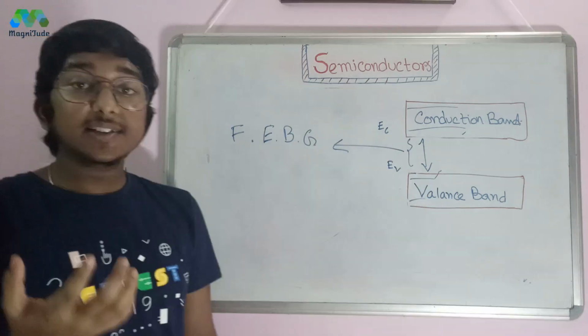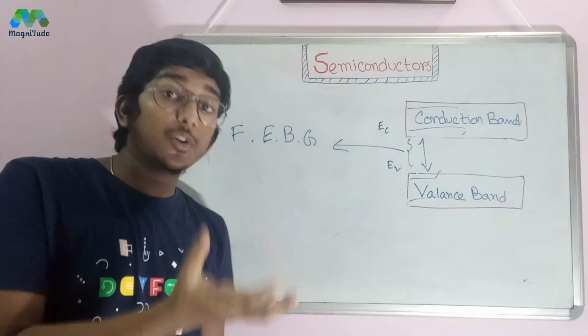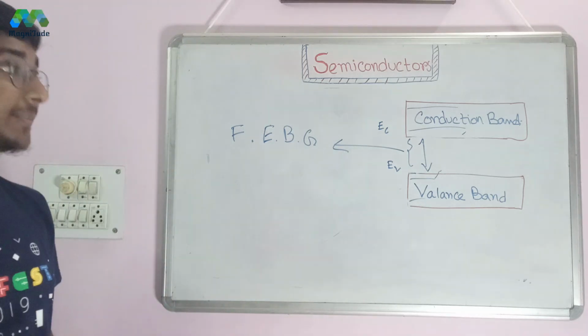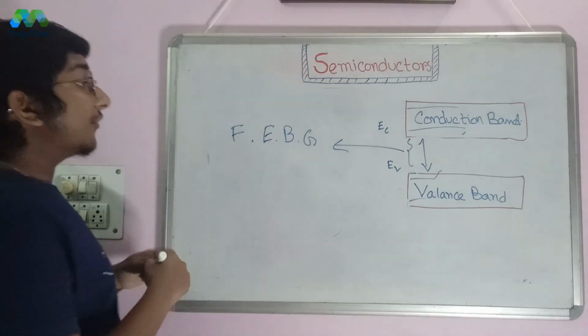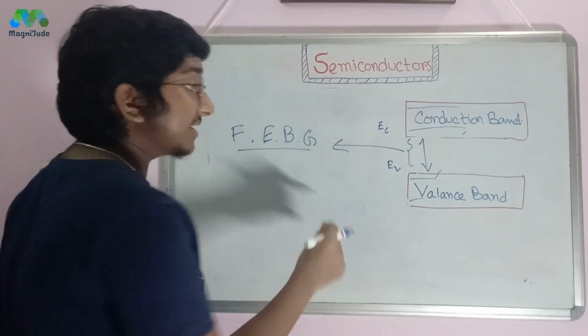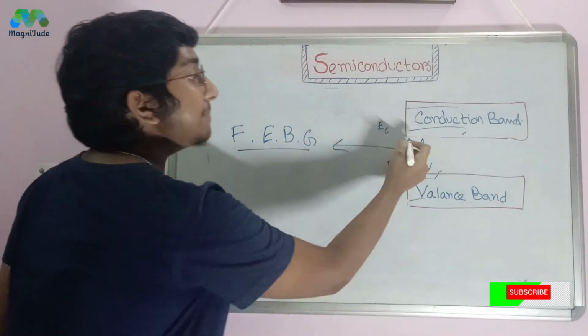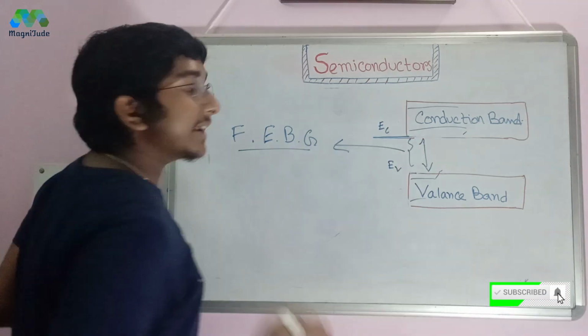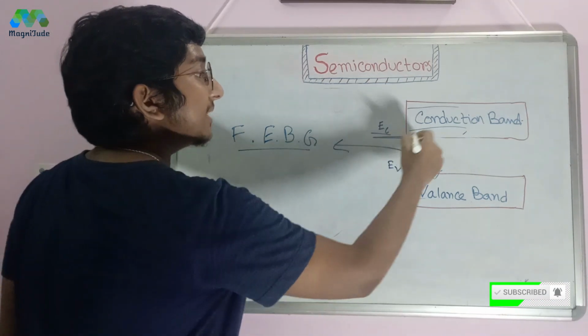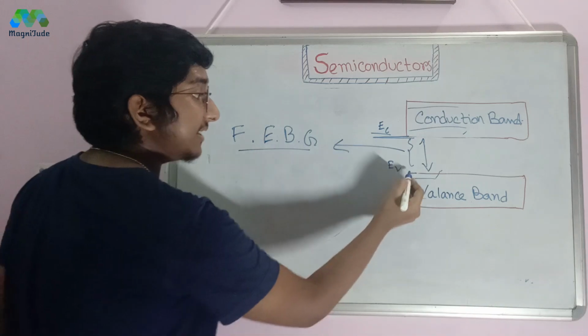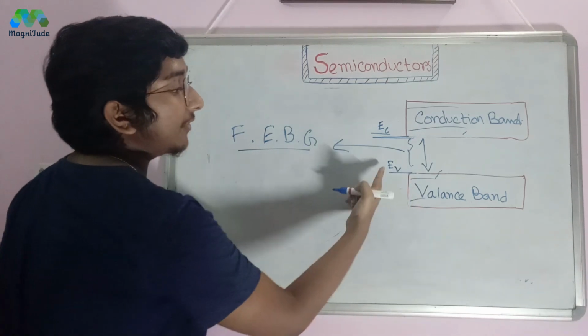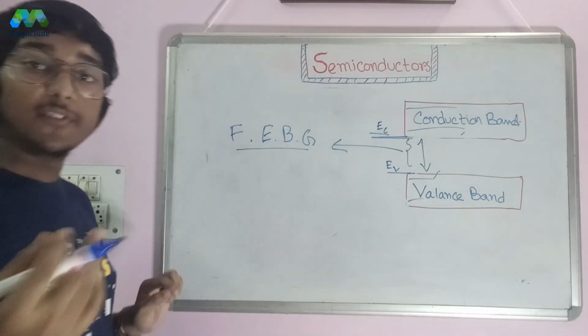If anyone asks you to define what is the forbidden energy band gap, then you will definitely say that the forbidden energy band gap is the gap between the minimum energy level of EC, the energy level of the conduction band, and the maximum energy level of EV, that is the energy level of the valence band.